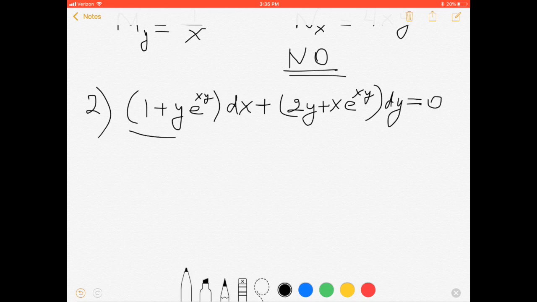Okay, first, this will be function M. This function is N.